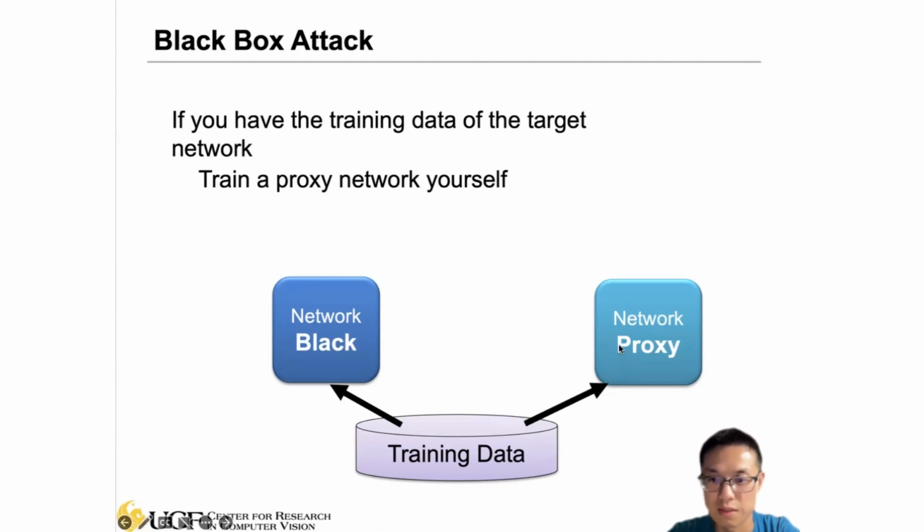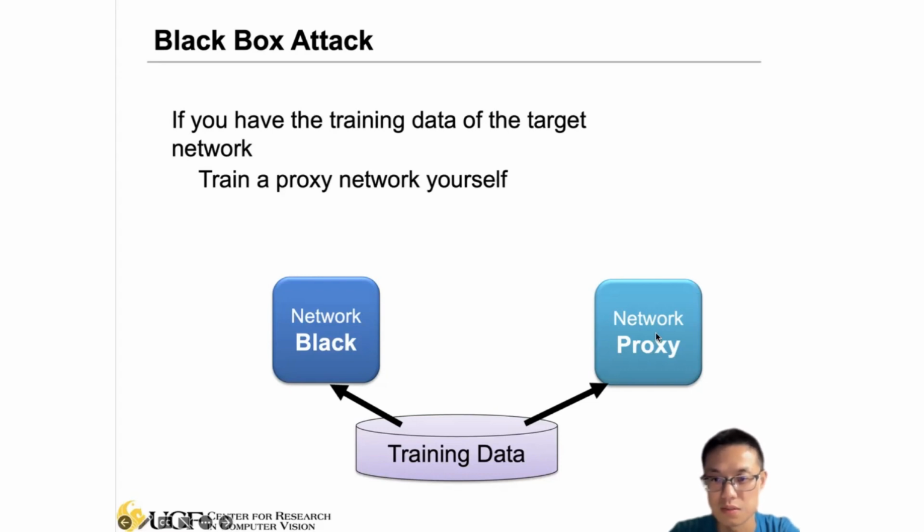Just to give you an example, let's say the online service uses ResNet 50 to do the image classification, but you don't know that. But to do the black box attack, you can use another type of network like a VGG network, and use the training data to train this proxy network to generate adversarial examples.